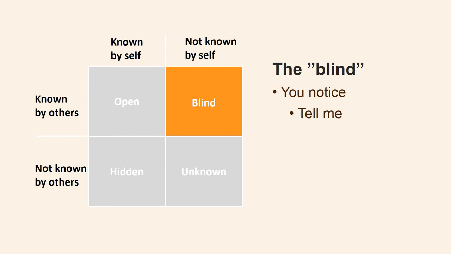If you choose to tell me, it becomes part of the open quadrant. The window shade moves to the right, enlarging the open quadrant's area. But if you don't say anything, it remains unknown to me, and it stays as part of my blind quadrant. You know it, and I do not know it.